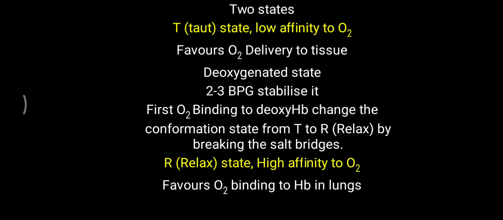Basically these conformational changes are very important and required to deliver oxygen to the tissue level. So the oxygenated state of hemoglobin is called the R state, and the deoxygenated state is called the T state.